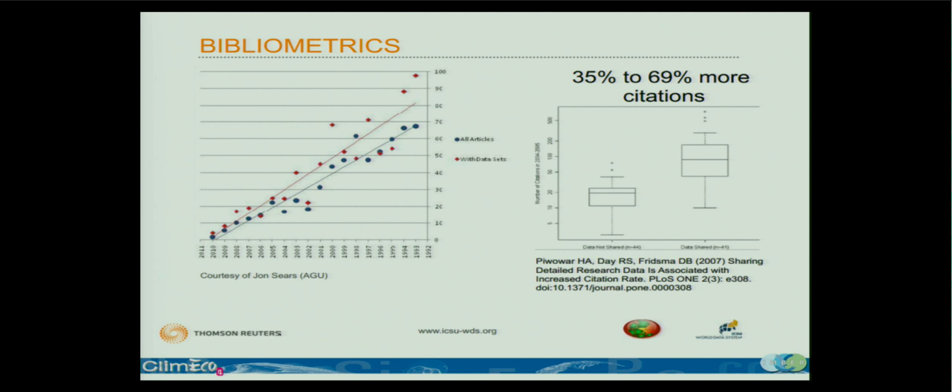Just this one I'd like to look at. I'll read it here, it's easier. So the first one is citations for data. Papers with data not shared.